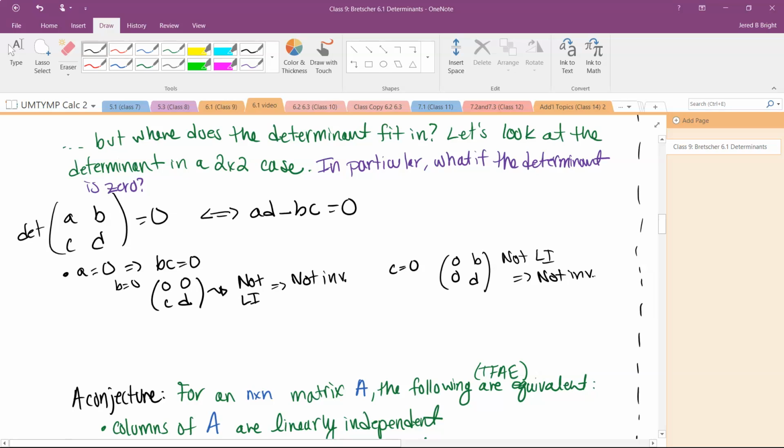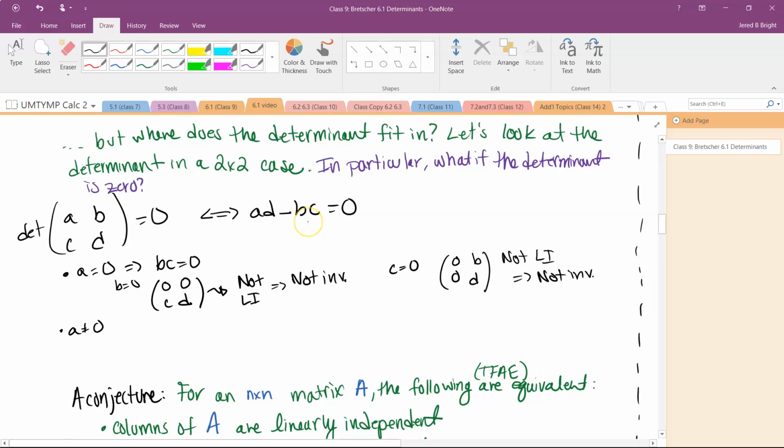So when I look at the determinant, these conditions aren't enough to connect the idea of determinants with invertibility. So if I do not have this hypothesis, the hypothesis would be that A is not 0.